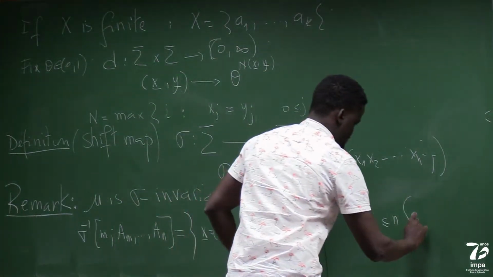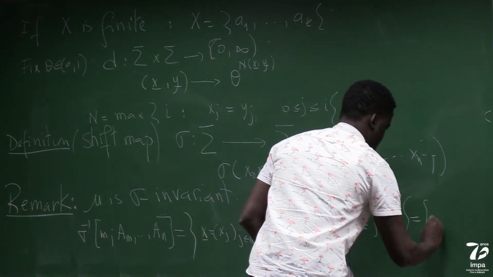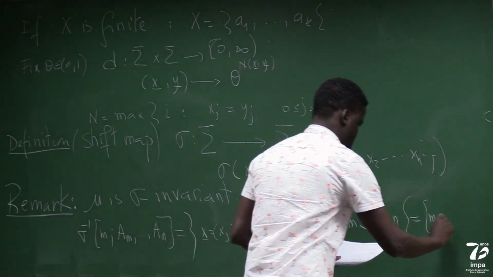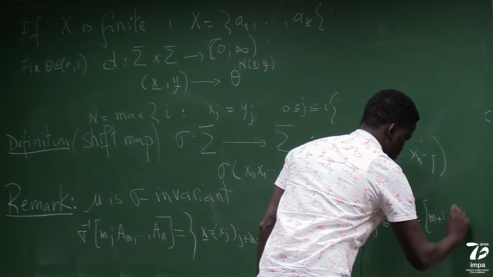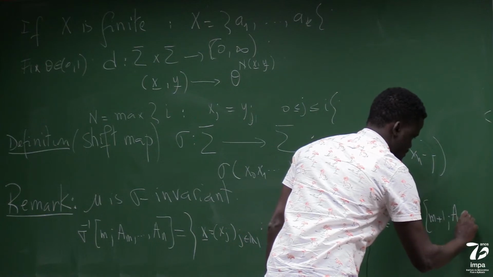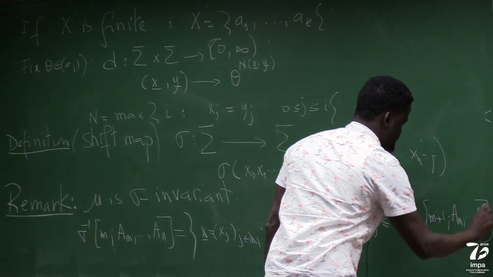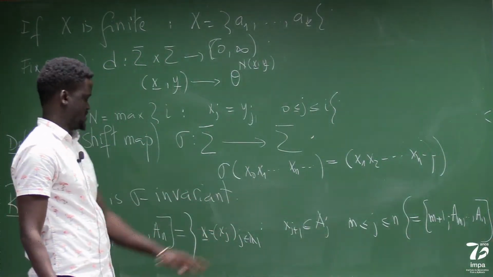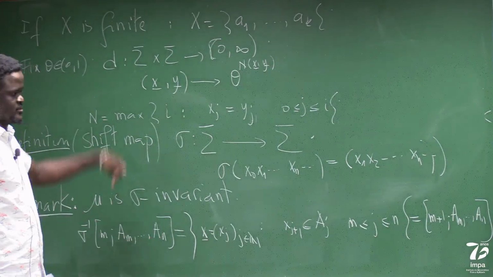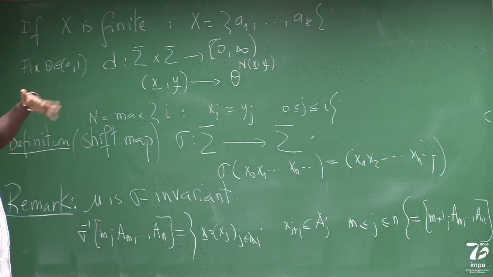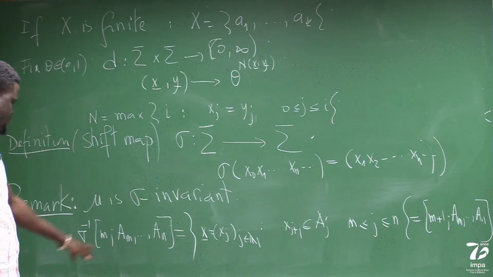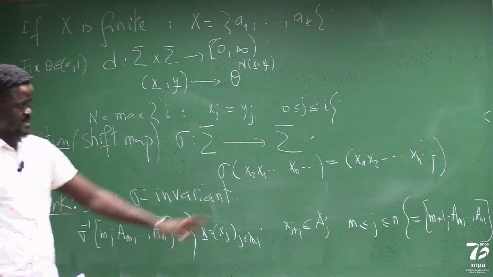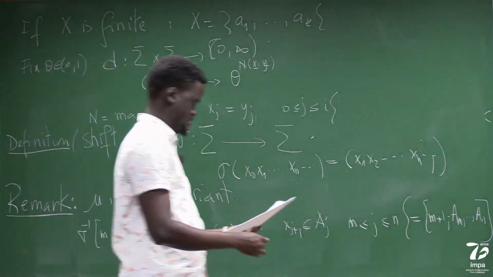A way to rewrite this is as the cylinder from m plus 1 with A_m, ..., A_n. These two sets have the same measure, because the measure is just the product, and the first set is replaced by X, the full space. So you see that the measure of this is the same as the measure of that by the definition of the measure.